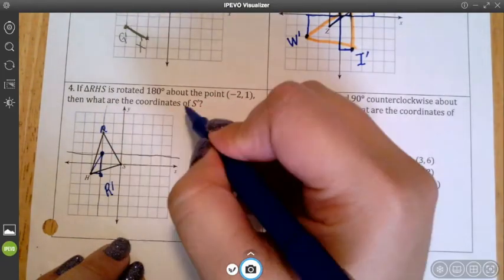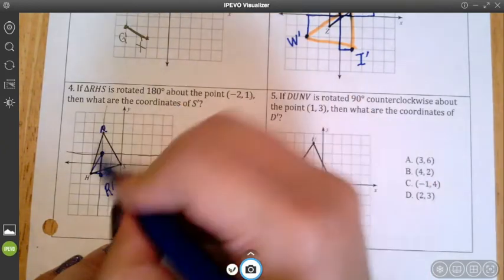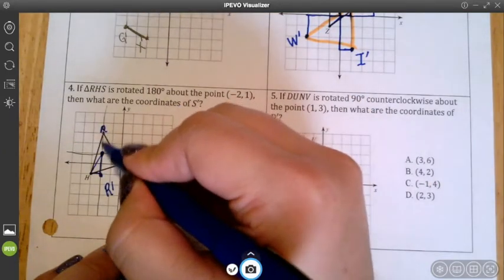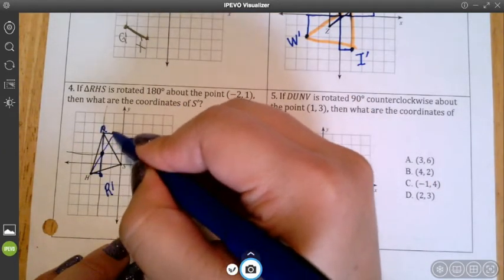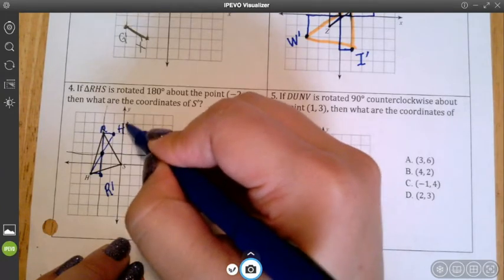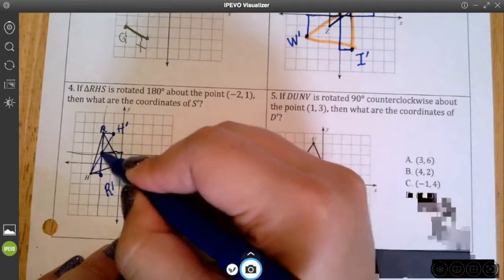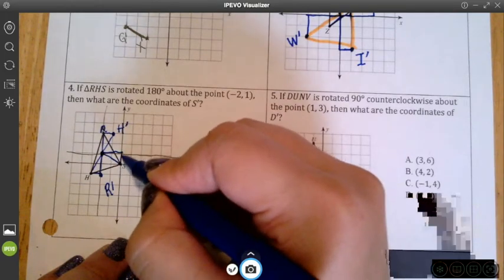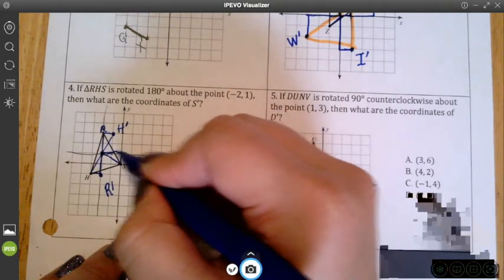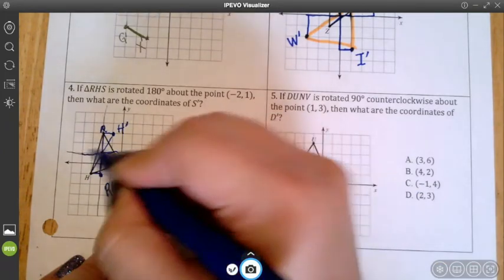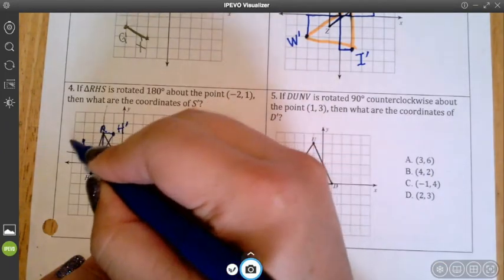Rotate it by 180 degrees, so it goes all the way around, there is H prime. And then point S, here's my triangle. I rotate 180 degrees, 2 units along the axis, there is S prime.